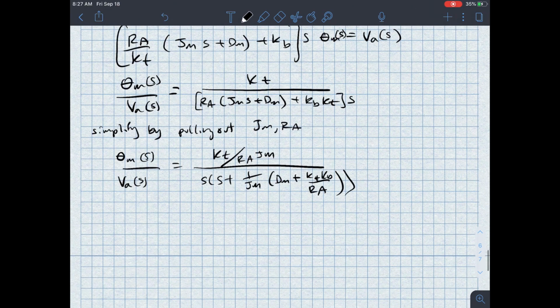Now, this form looks strange, but if I look at it closely, G(s) is really just some constant K over s times s plus a, where a is equal to 1 over Jm times Dm plus Kt Kb over Ra, and big K is Kt over Ra Jm. This is a simple form, and it's actually not hard to find these constants for a motor.